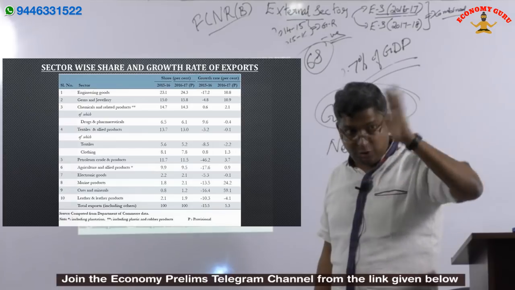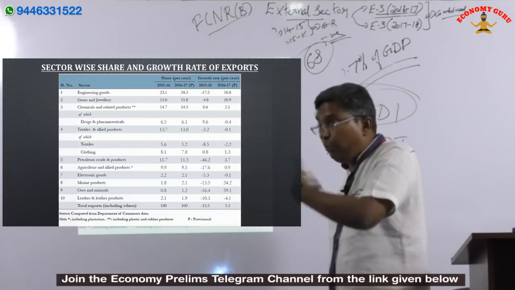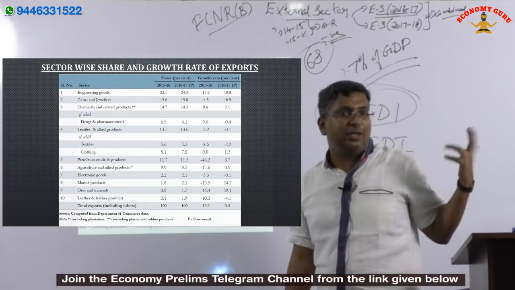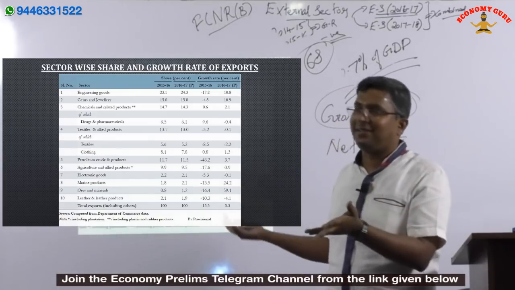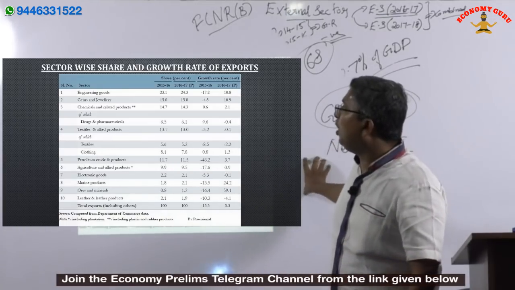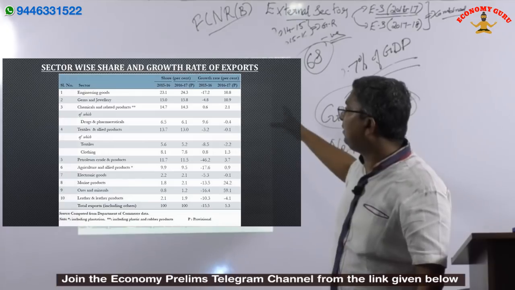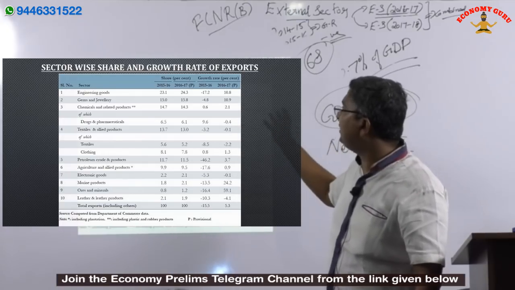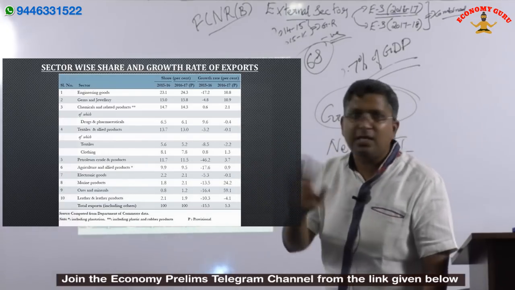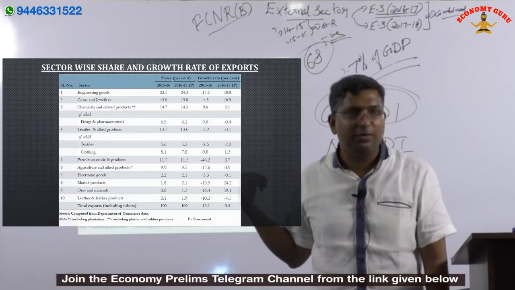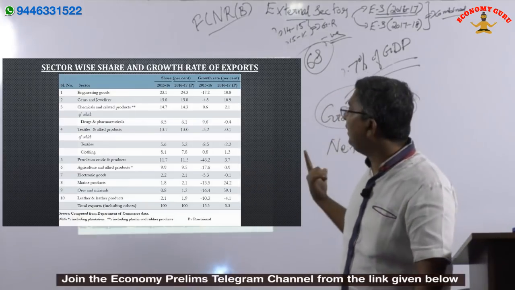UPSC used to ask this before our new pattern. And you know UPSC can come with any pattern at any time. Normally I have not seen the economic survey covering sector wise exports and imports. 17-18 I have not covered, but 16-17 I have covered. So you note down.